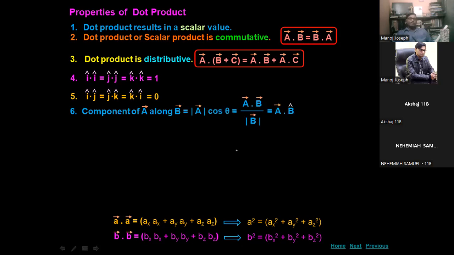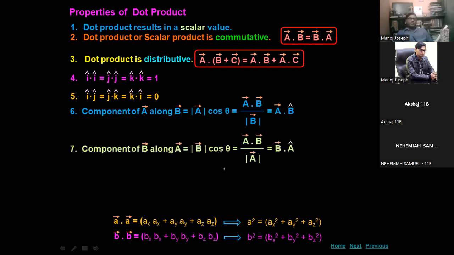And the component of vector A along B will be magnitude of A cos theta, equal to the dot product divided by the magnitude of B. The components of B will be different, but you put unit vector A first in the dot product with vector B.